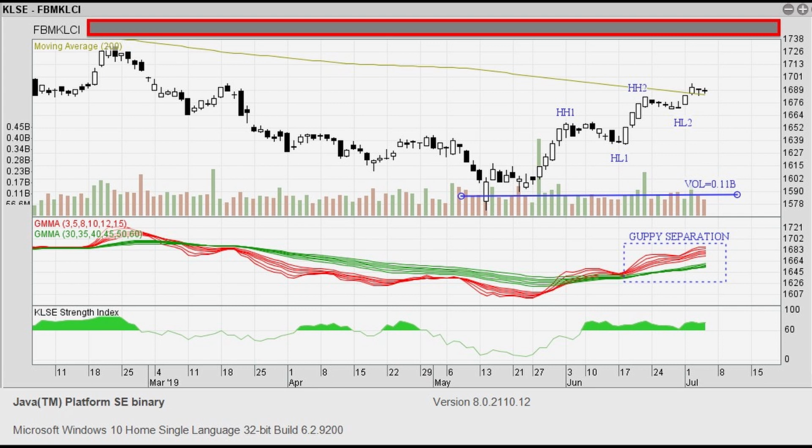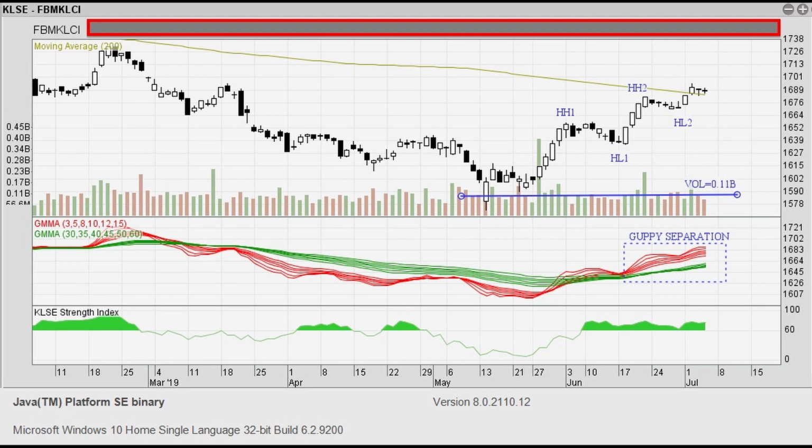The first indicator is actually that the price action for the index FMBKLCI has already achieved 2 higher highs and 2 higher lows, the HH1, HH2, HL1 and HL2 as shown on the chart. So because it has achieved 2 higher highs, it has already achieved a bull trend.